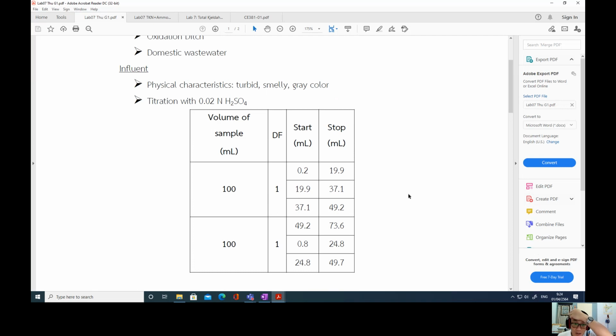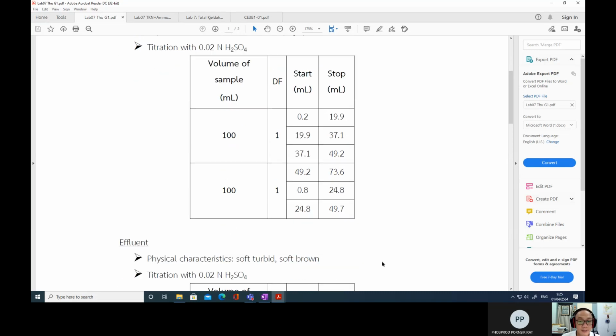I'm not sure which one is for ammonia and which one is for the TKN determination, but according to the titrations, you have to decide which one is the ammonia and which one is the TKN. Ammonia must be smaller than the TKN. That is the typical value you should obtain from the experiment.